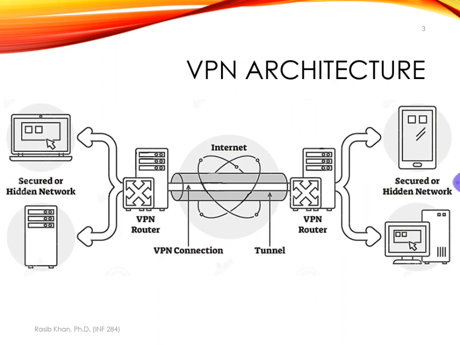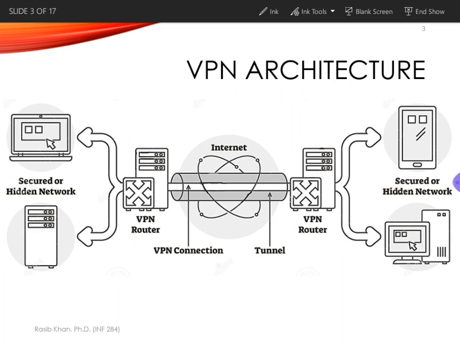So just to look at a very simple example of the VPN architecture. We have basically in the middle the part which we are referring to as the physically public infrastructure. And then we have on one end the part of the network that we say is the private network.